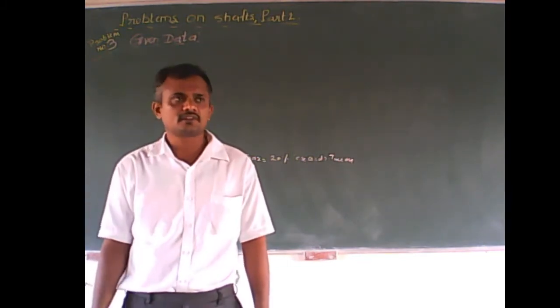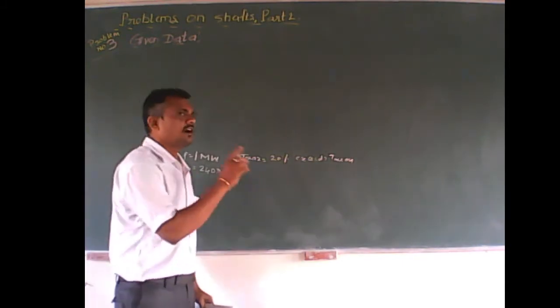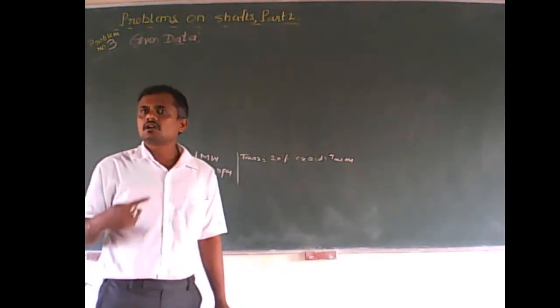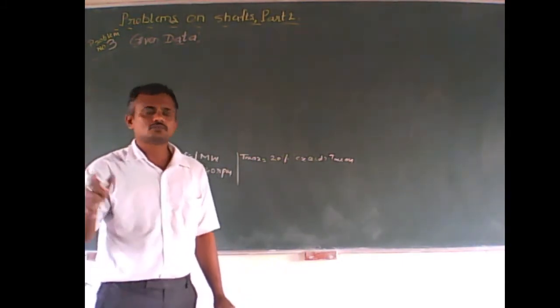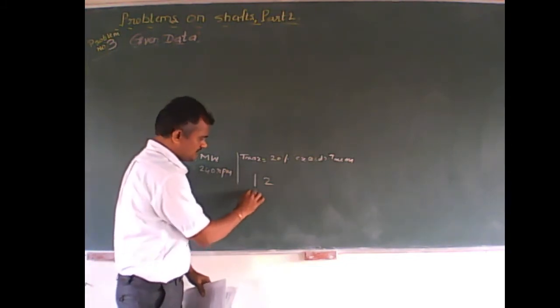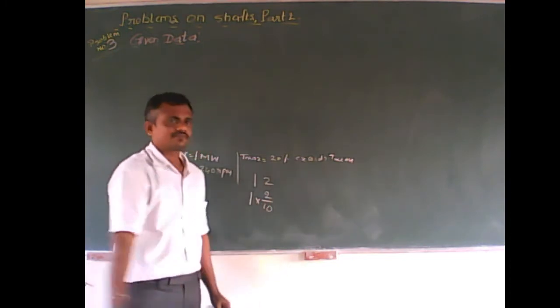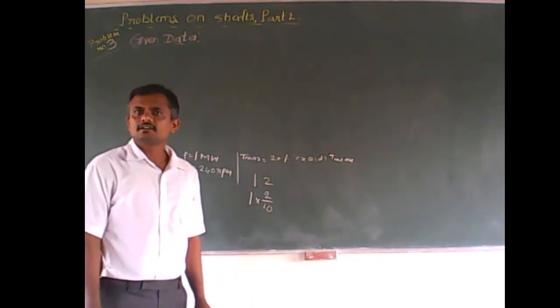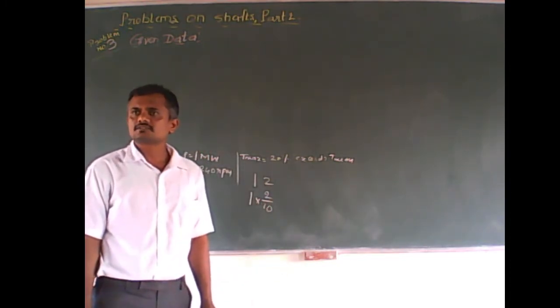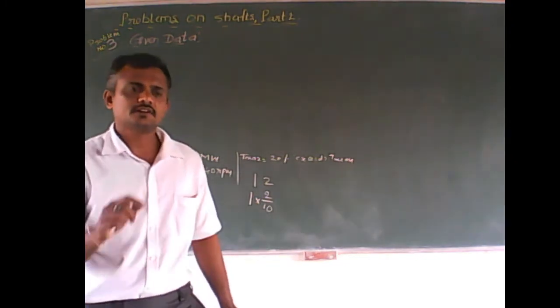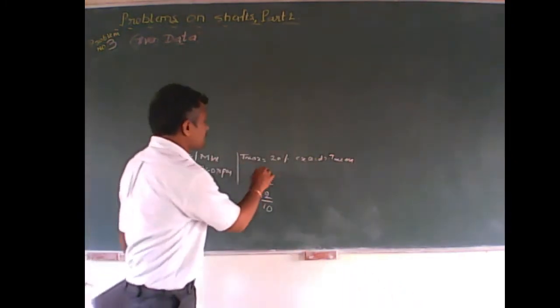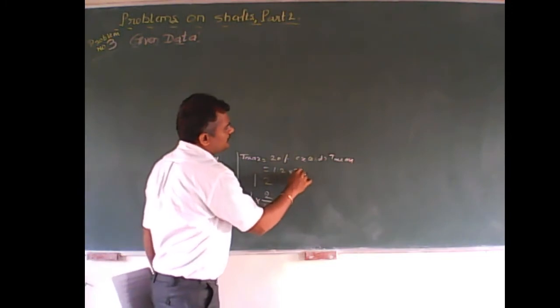Normally 120 rupees. How did 120 rupees come? 100 rupees multiplied by 1.2. So 1.2 means 1 plus 2 by 10. Understood what I am saying? With the help of this, we can directly write T max = 1.2 times T mean.